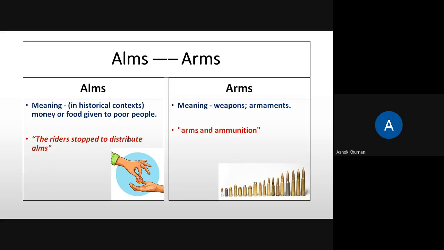Somebody is dropping something into somebody's hand, giving a coin or something. So when at the platform or roadside you find poor people and you give something to them, cloth or anything that you think of giving or donating, that is called alms. So the riders stopped.